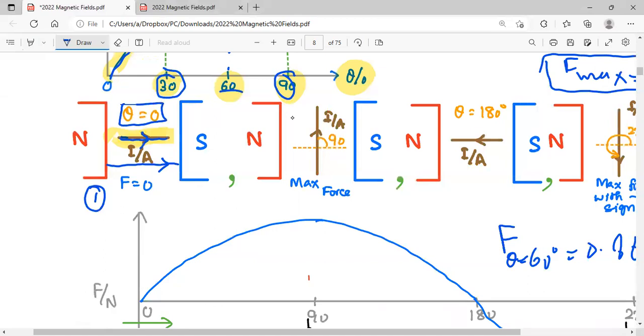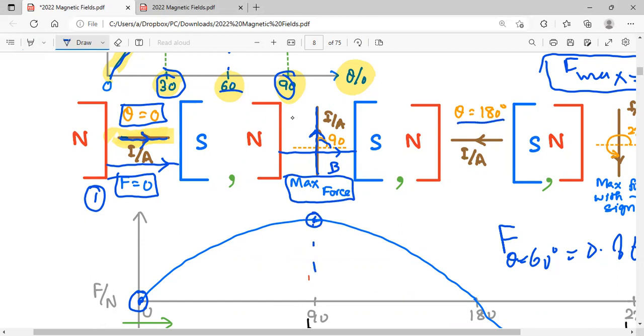So it means that the angle is 0, and of course the force is 0. So here the force is 0 at angle 0. Then you have tilted that wire to a 90-degree angle. Now you can see clearly that the current is perpendicular to the magnetic field. So over here the force is maximum.